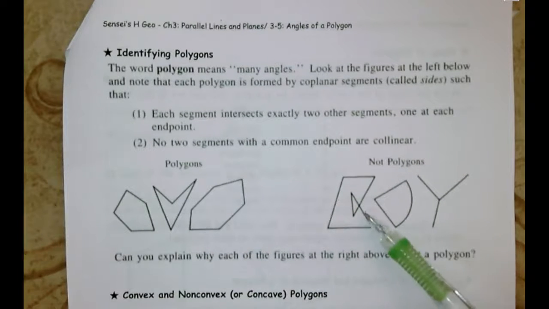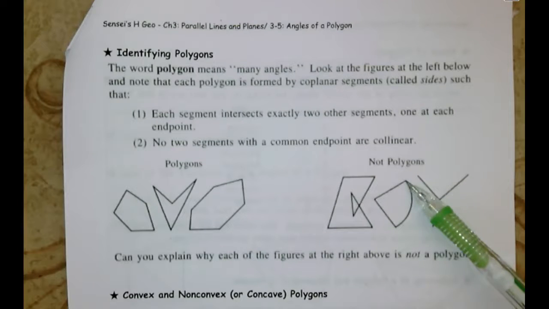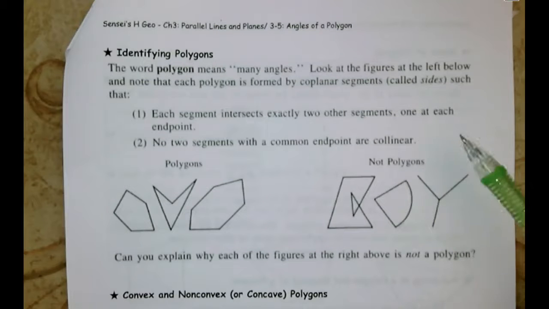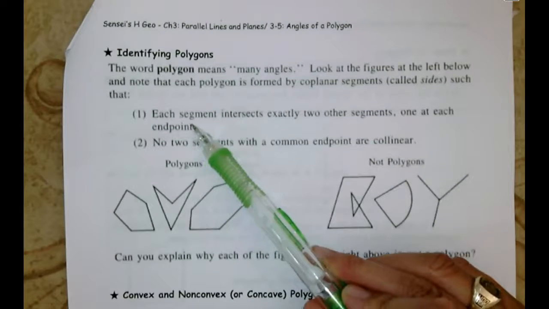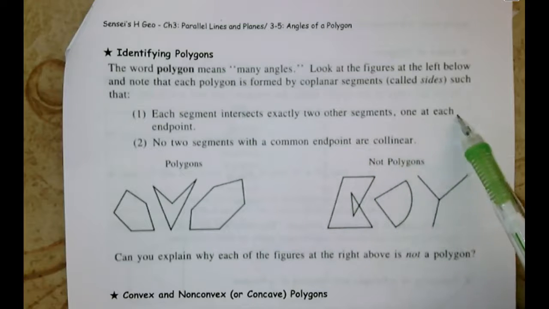So this one, the problem is it's intersecting, not at the end but in the middle, right? This is no good. And this one is a curve, and this one is not contained. Each segment intersects exactly two other segments, one at each endpoint.